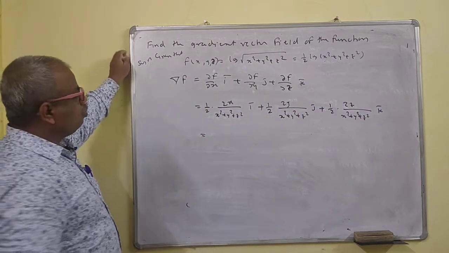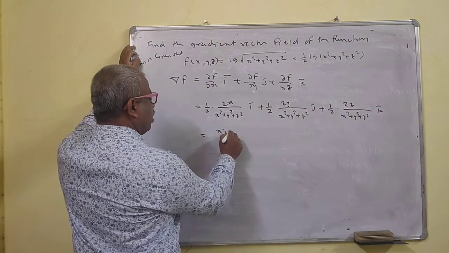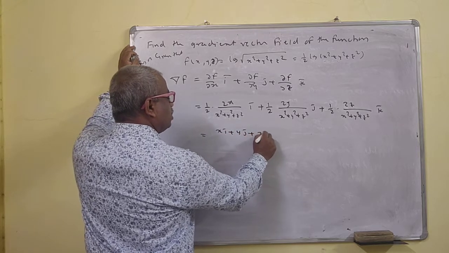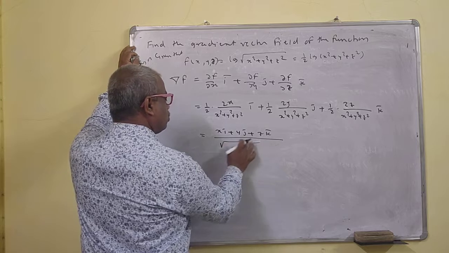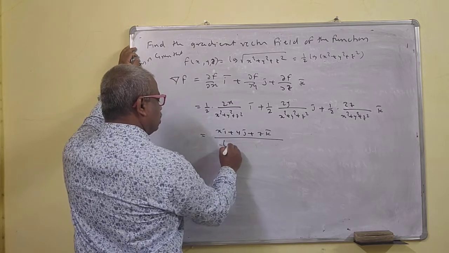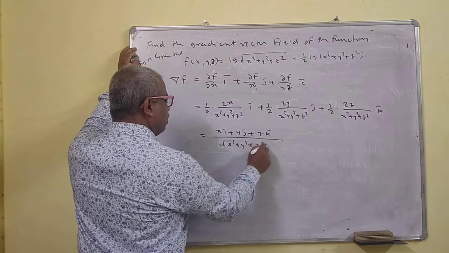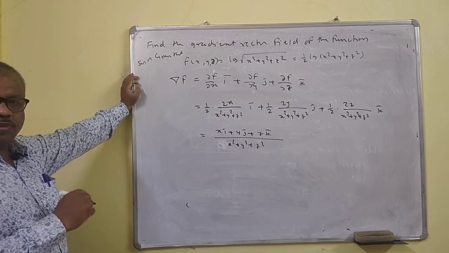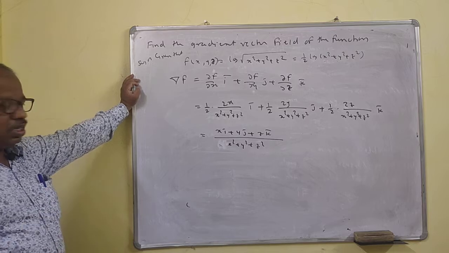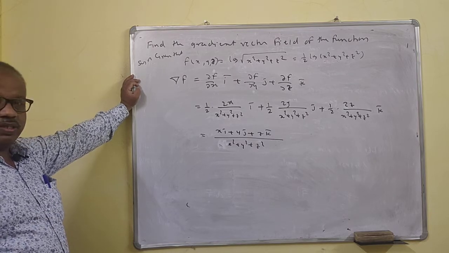So you may write this as x i bar plus y j bar plus z k bar upon x square plus y square plus z square. Or you may write 1 by x square plus y square plus z square into x i bar plus y j bar plus z k bar.